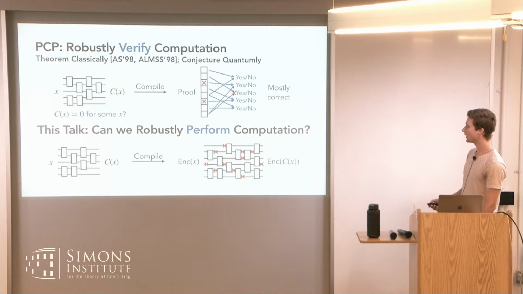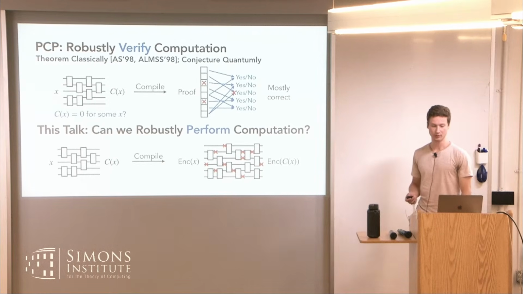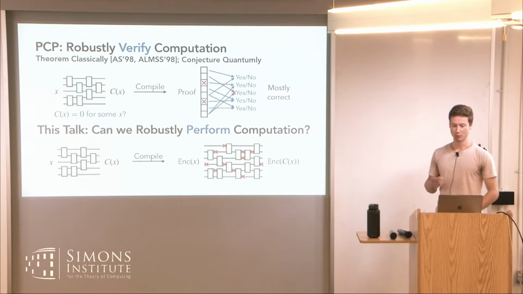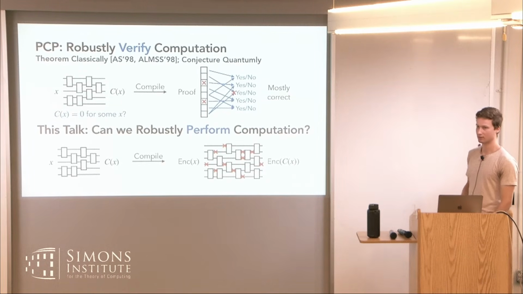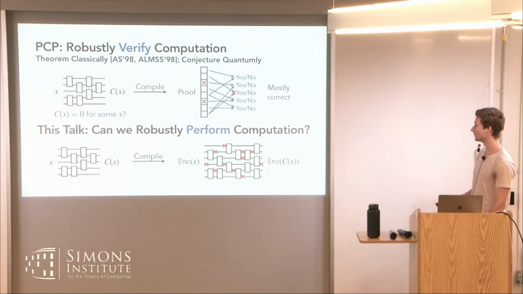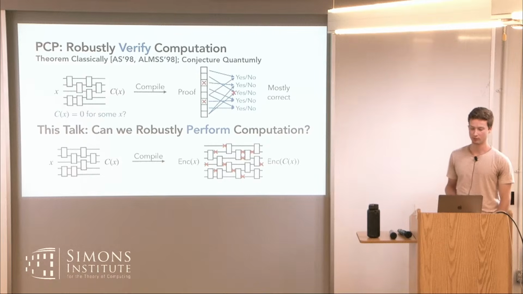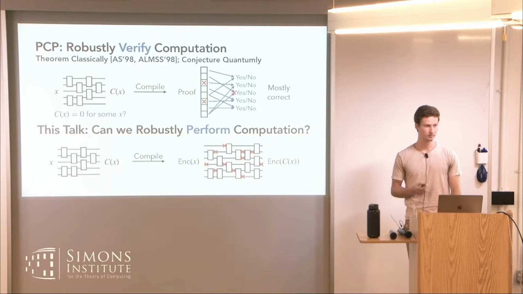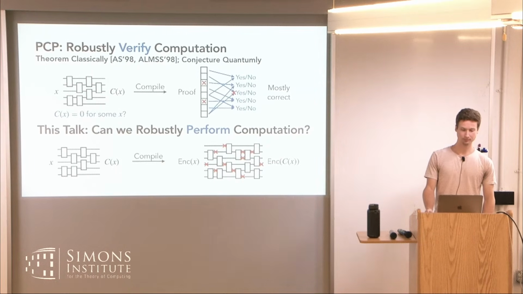So that's why we need to allow ourselves to receive an input encoded in some error correcting code, and also allow ourselves to output the output of the circuit encoded in some error correcting code. But once we do that, then this statement makes sense. Then we can hope to robustly perform the computation and, even in the presence of a lot of errors, still output an encoding of the correct output up to some decodable error.